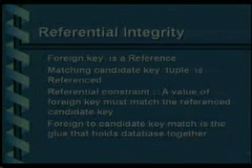Now what is referential integrity? The referential integrity is defined as: foreign key is a reference from the student table to the TLC table. The matching candidate key tuple is referenced. Referential constraint, what is it? A value of the foreign key must match the referenced candidate key.